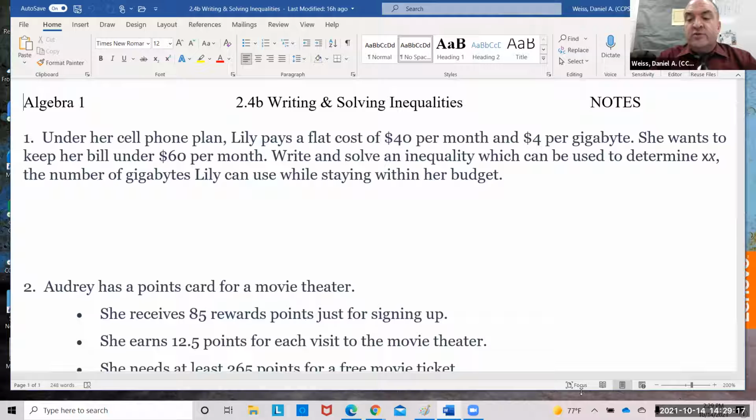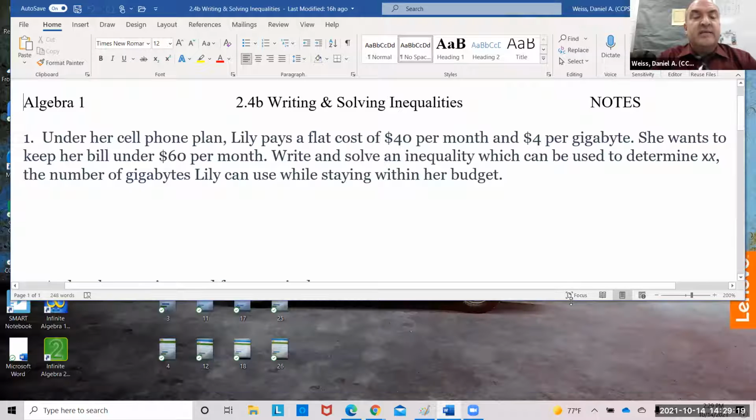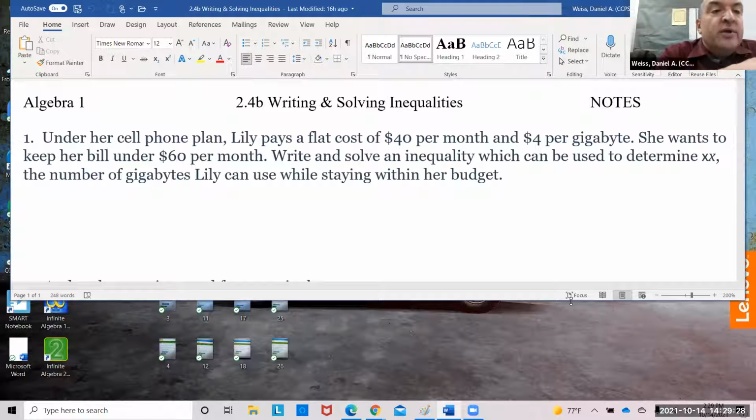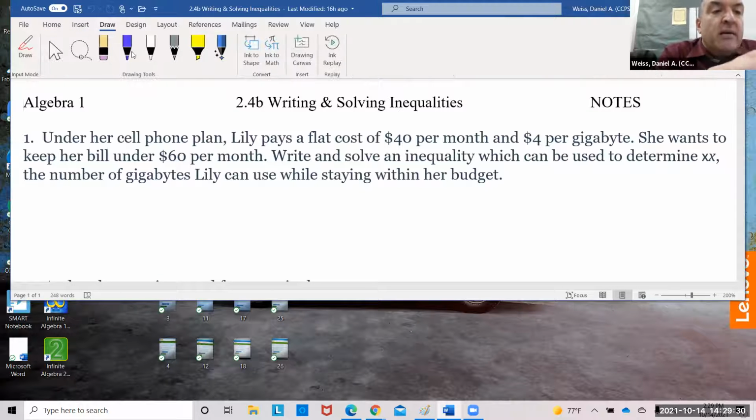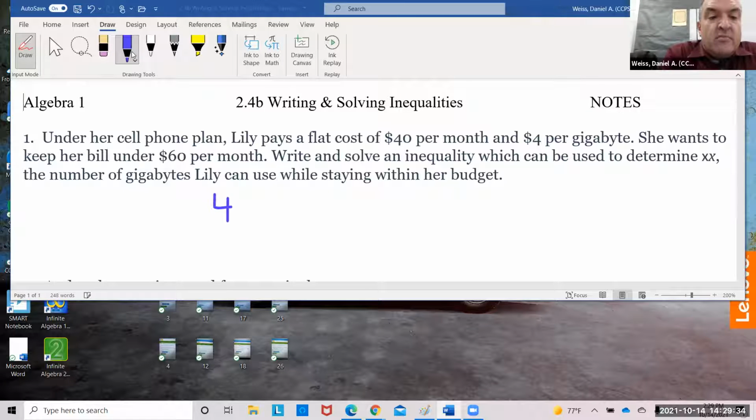Here's problem one. Under her cell phone plan, Lily pays a flat cost of $40 per month. So I'm going to put plus 40. Now, $4 per gigabyte.